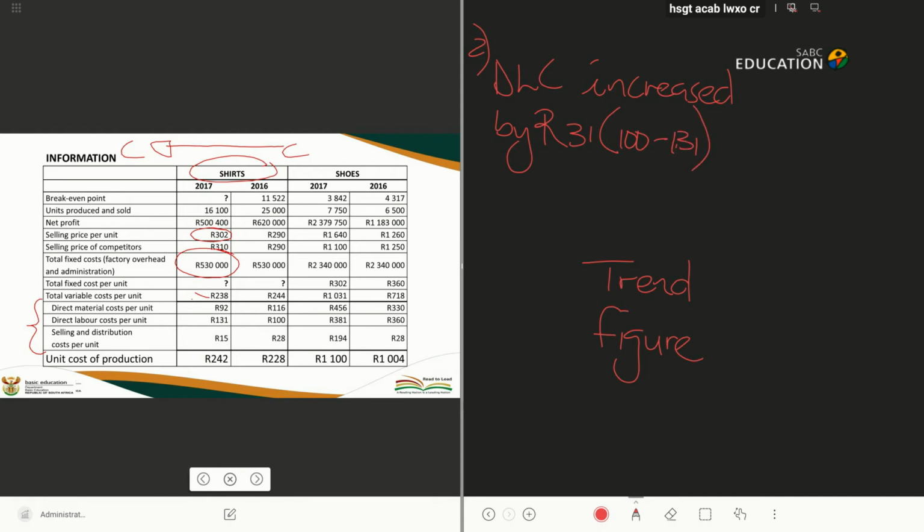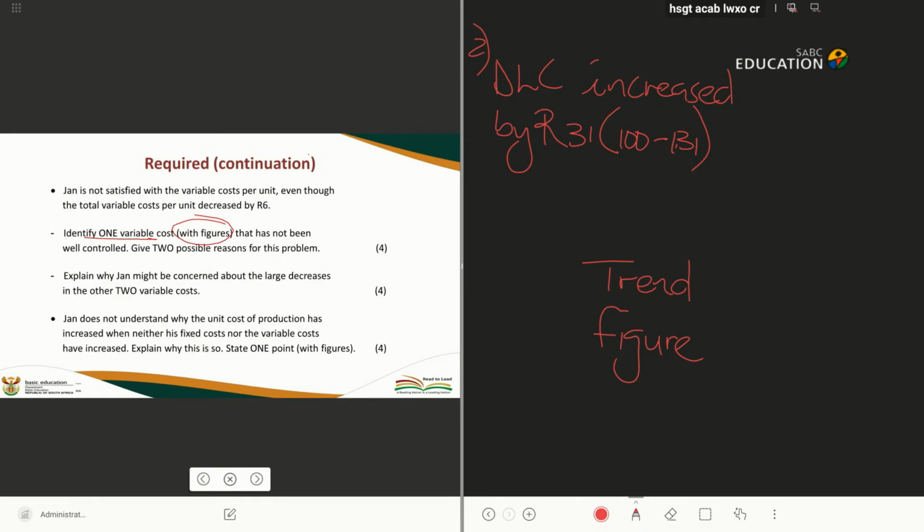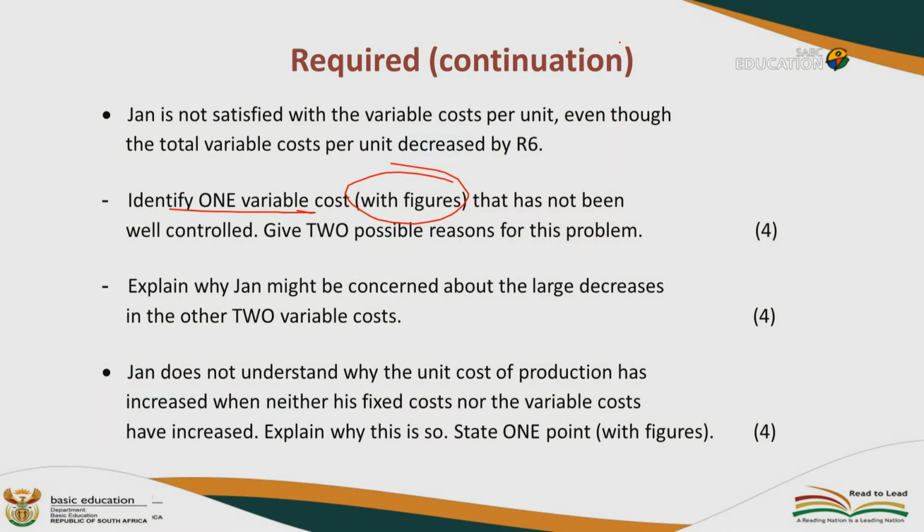Remember the question, what did they say? They say give 2 possible reasons for this problem. What might be the problem if direct labor increases? It might happen that the union has negotiated an increase for employees.